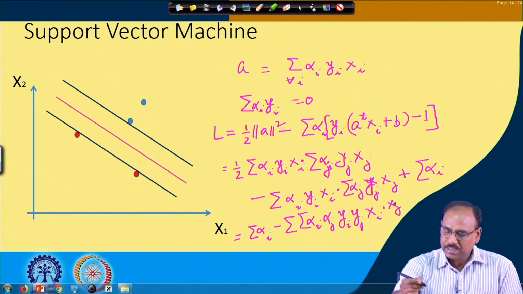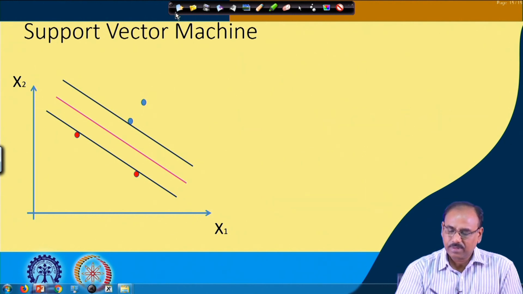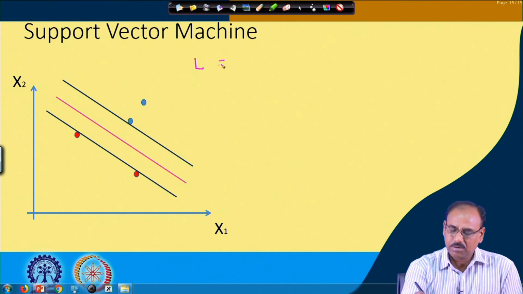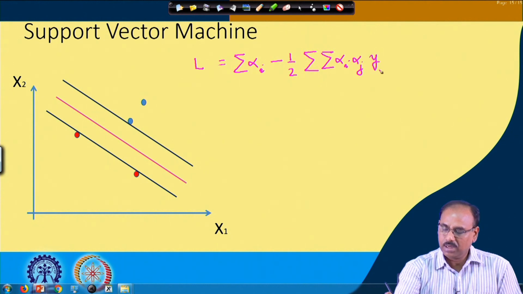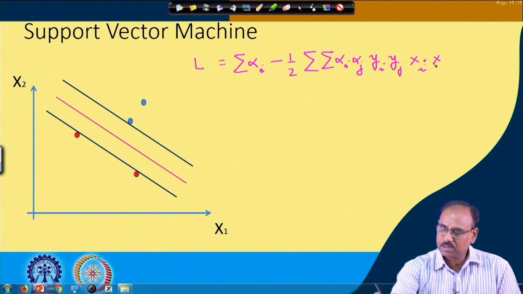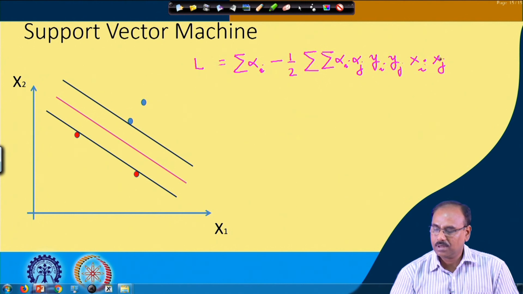So, the final Lagrangian that I have is L is equal to sum of alpha I minus half double summation alpha I, alpha j, yi, yj, then xi dot xj, or xi transpose xj.